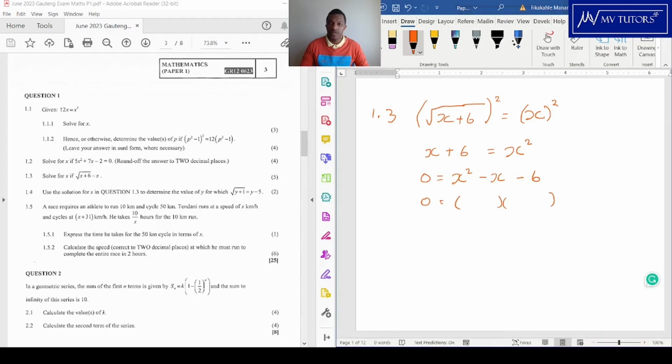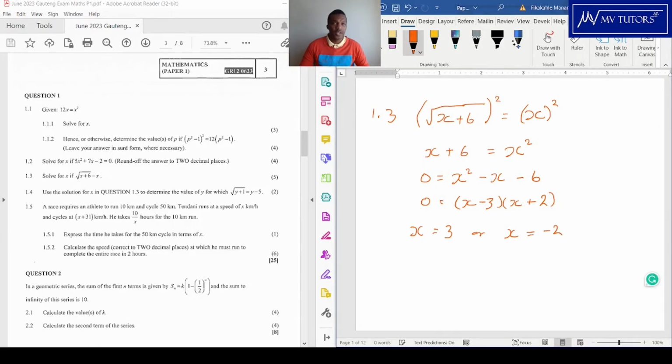Factors of 6, that will give me minus 1. I already know it's 3 and 2. 3 times 2. Now, this sign is negative, which means the bigger number has to be negative here, which is 3. 3 is bigger than 2, so it remains negative. Therefore, x is equals to 3, or x is equals to minus 2.